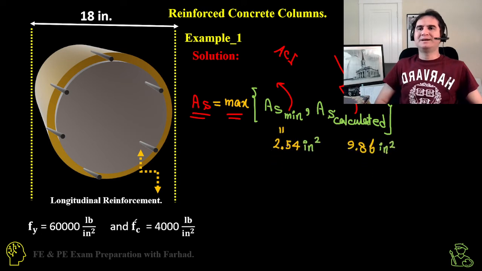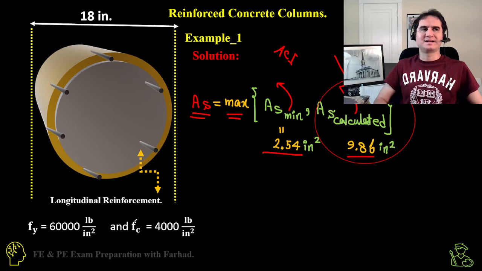If you remember, the minimum calculated was 2.54 inches squared, and the calculated is 9.86 inches squared, and the maximum of them is definitely As calculated.